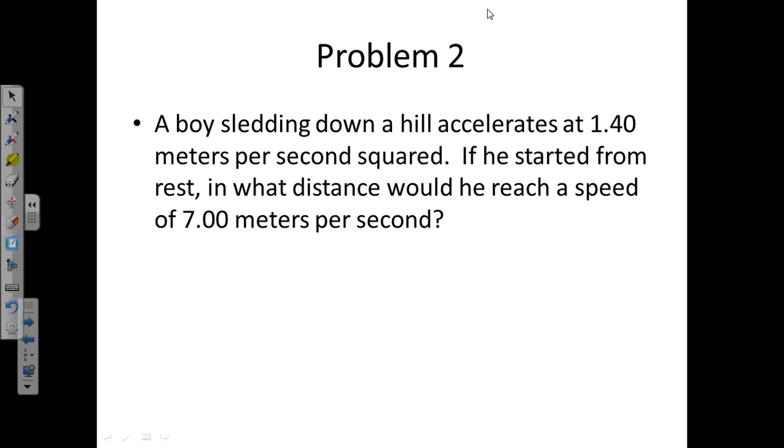And we want to know at what distance does he reach a final velocity of 7 meters per second. All right, so let's go where we got some space to work. And think about a couple of things here. And again, I'm going to write down what I know. It's always good to do this.